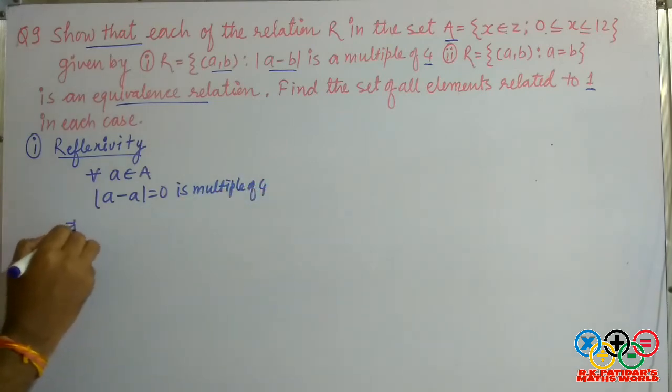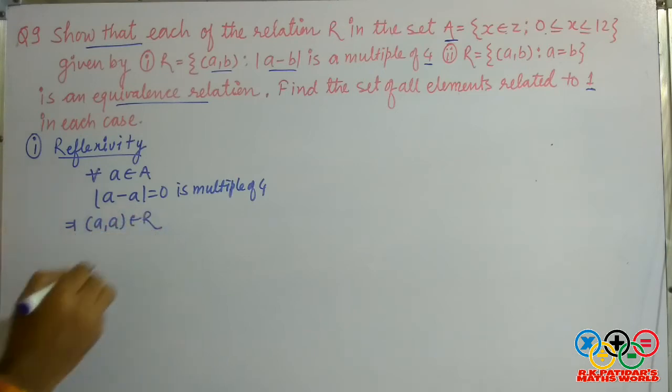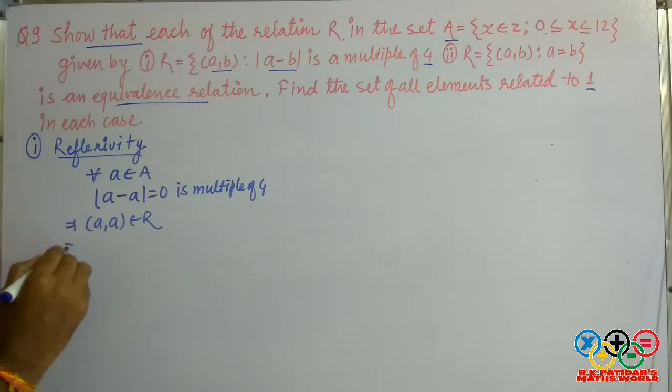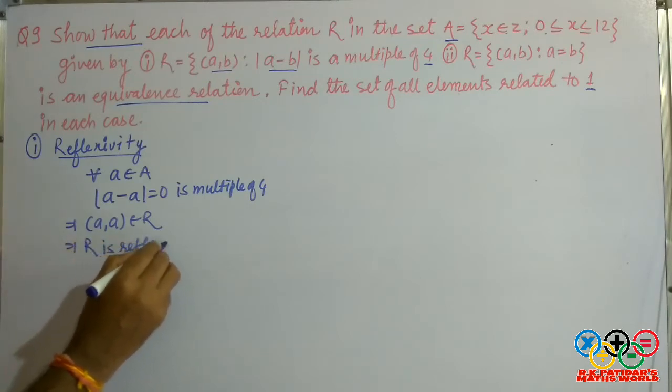And if it is a multiple of 4, then (A, A) belongs to the given relation. And if (A, A) belongs to the given relation, then R is reflexive.